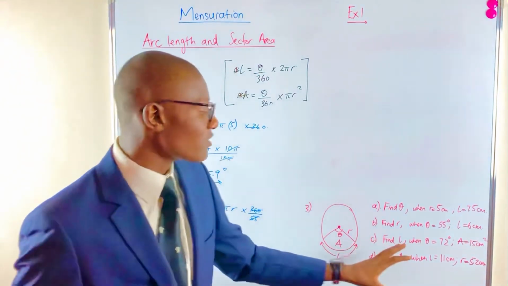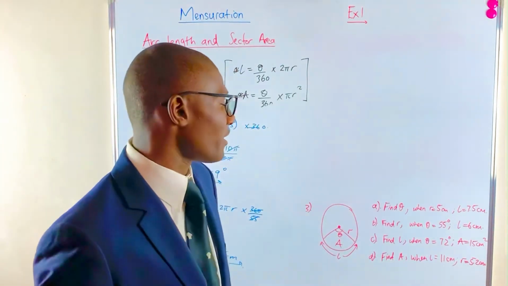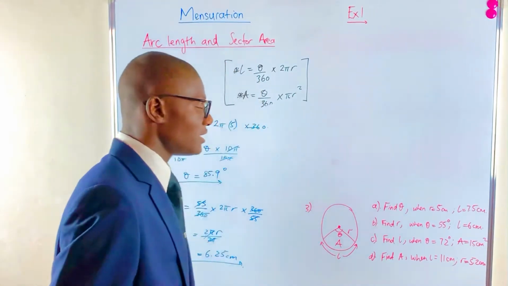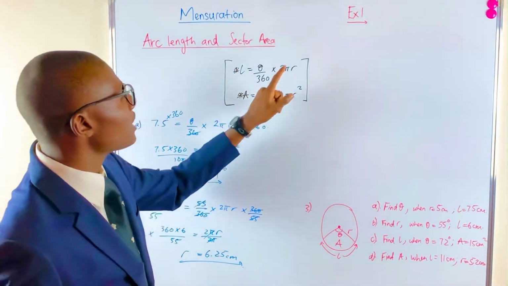Part C, we are required to find L given theta and the area. So now what do we need? We're given theta and the area, so it means we need the radius.